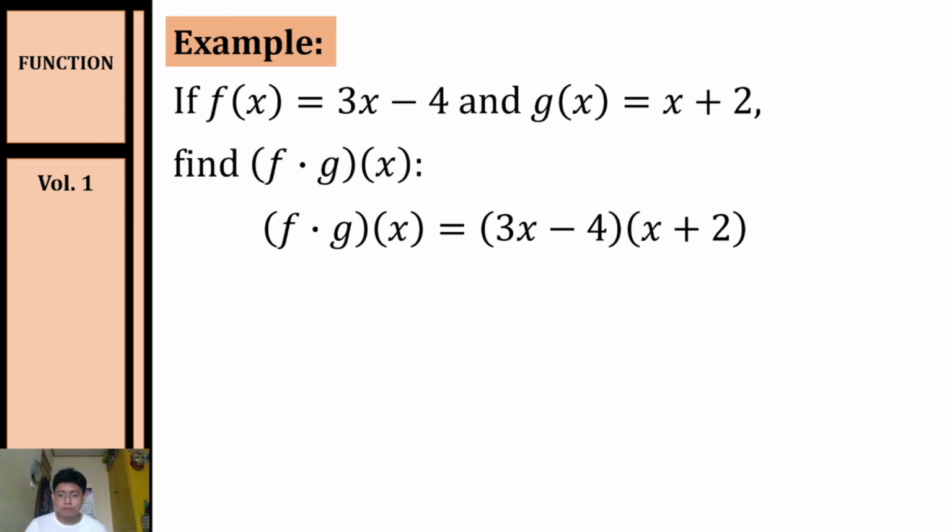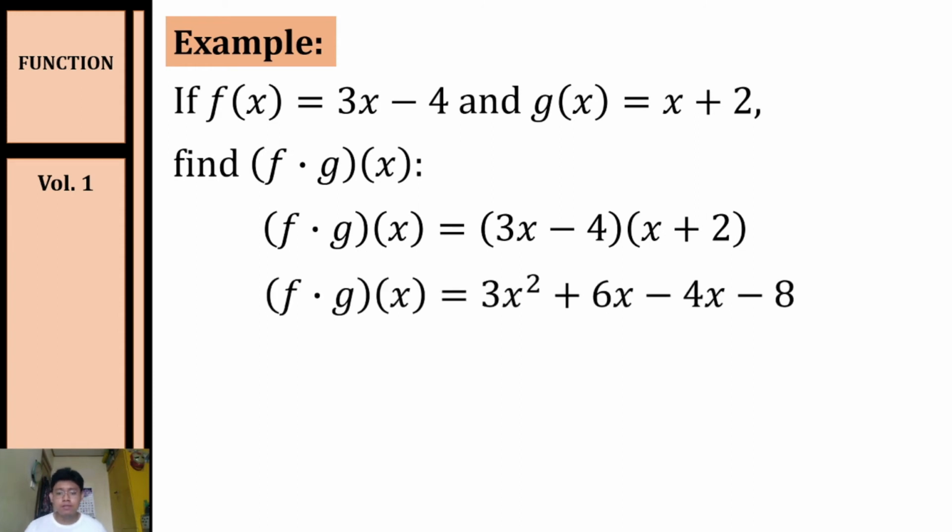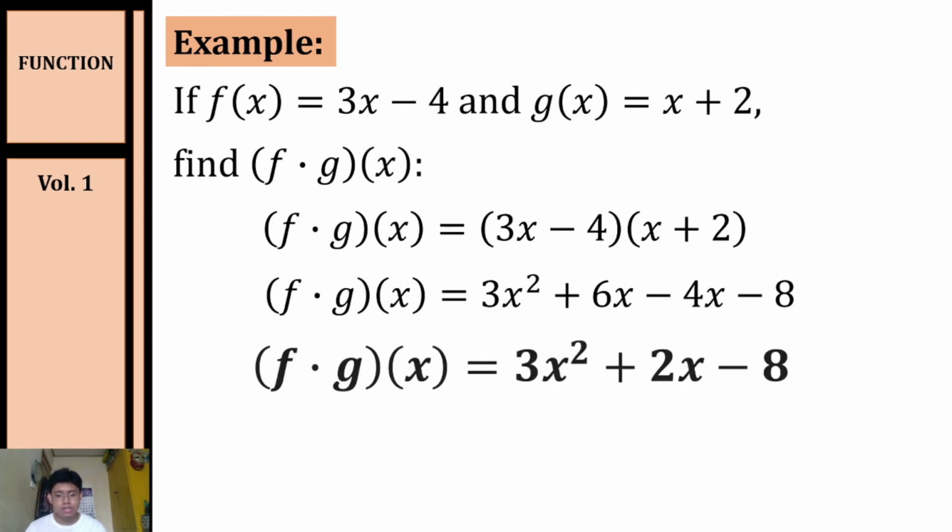So let's apply the FOIL method. We will have 3x squared plus 6x minus 4x minus 8. Then after that, let's try to combine like terms. So we can combine 6x and negative 4x. So let's simplify that. The product of our f of x and g of x will be equal to 3x squared plus 2x minus 8.